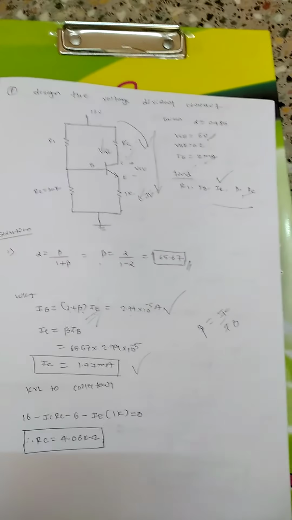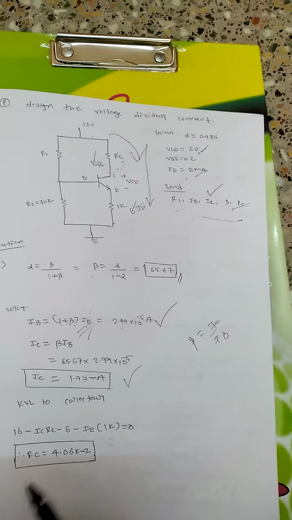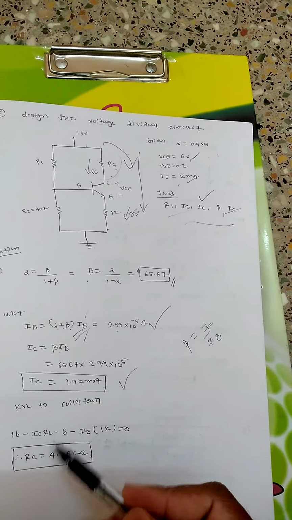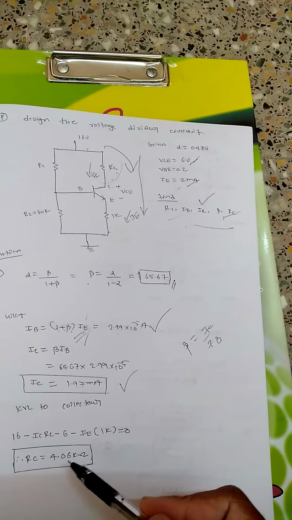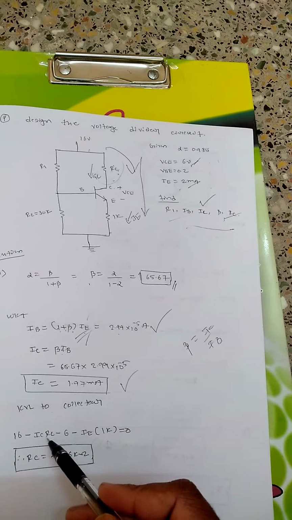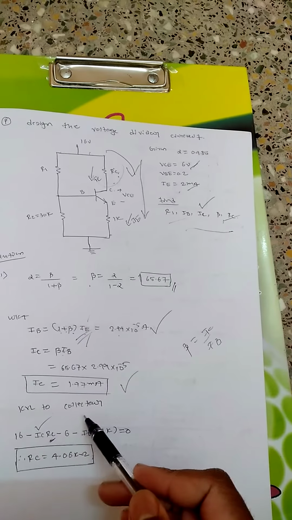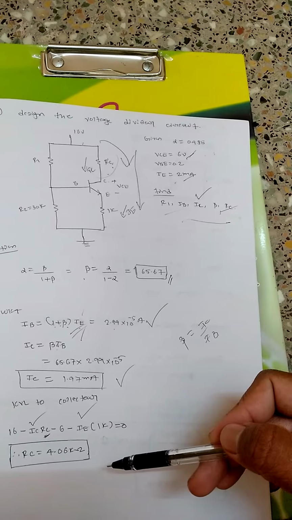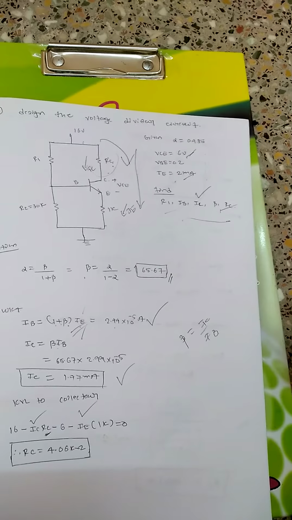When I substitute for IC and IE, because I know IC and IE already, and I don't know RC here, I will be getting RC equal to 4.06 kilo ohm.